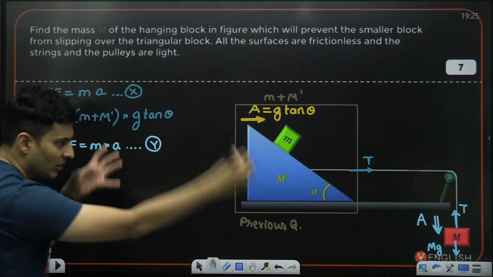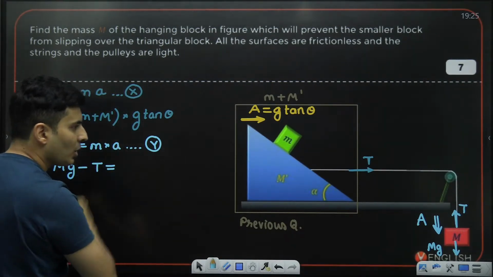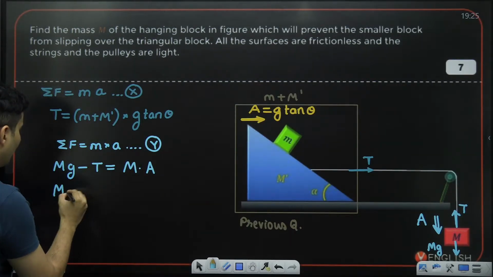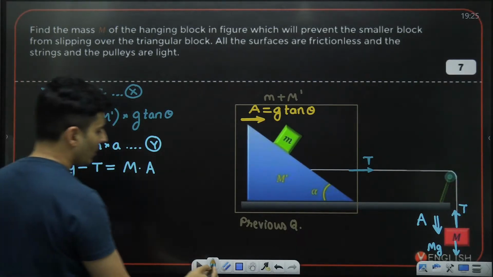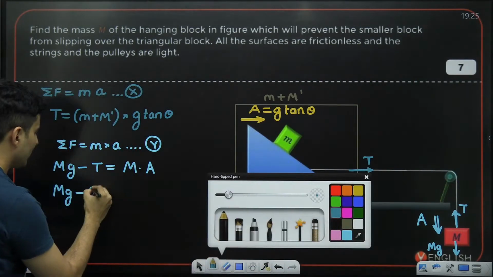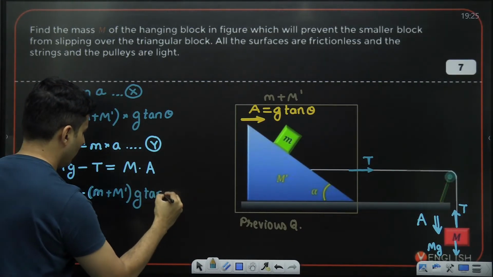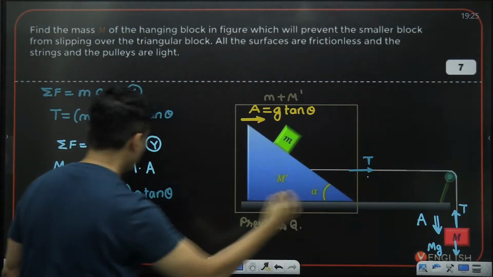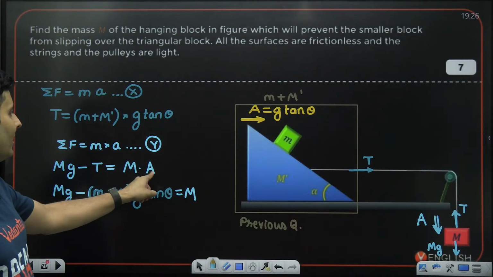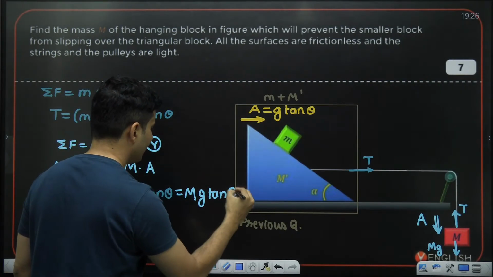Mg is bigger than T because it is going down. So Mg minus T is equal to mass into the acceleration. But I already know the value of tension. What is the value of tension? We figured it out over here. It was m plus m prime into g tan theta. So m plus m prime into g tan theta is equal to capital M into A.